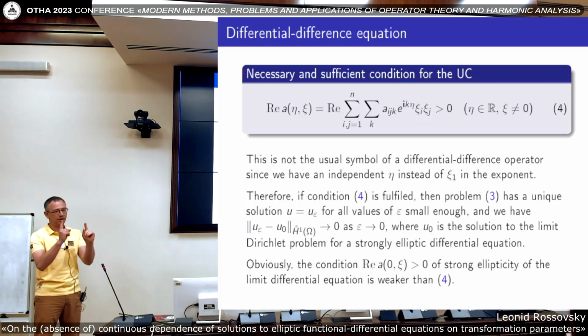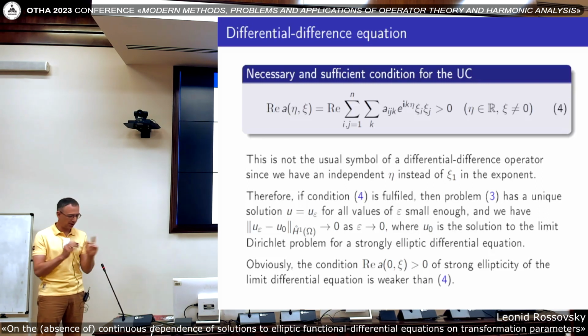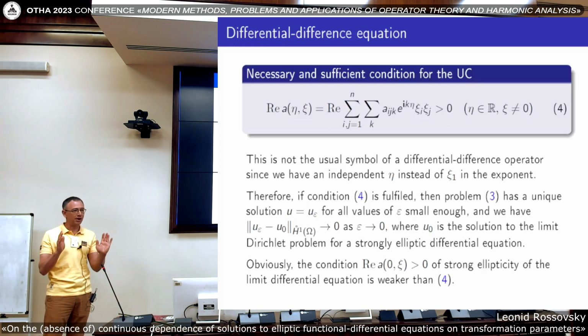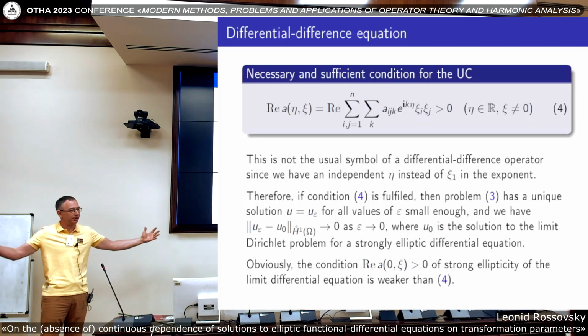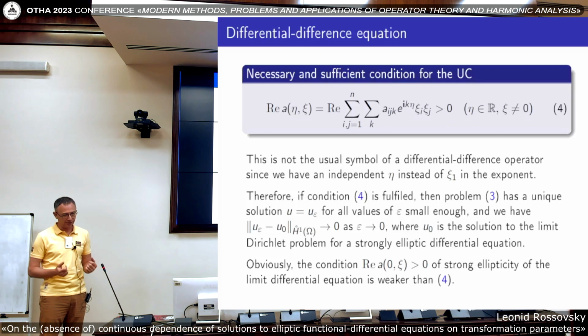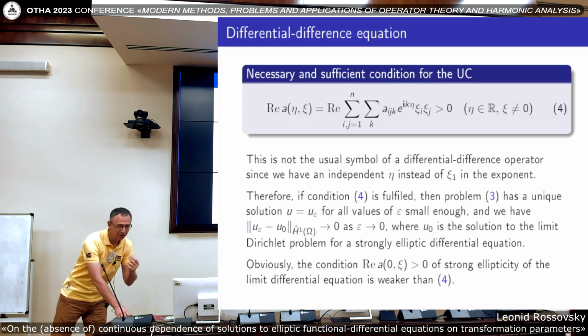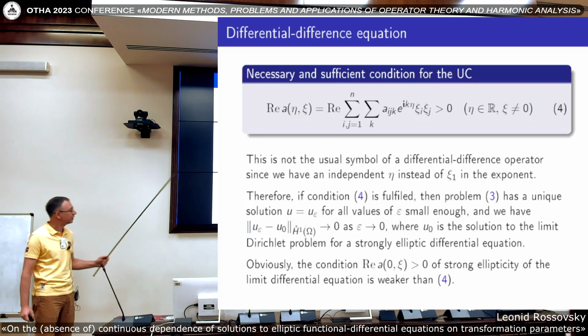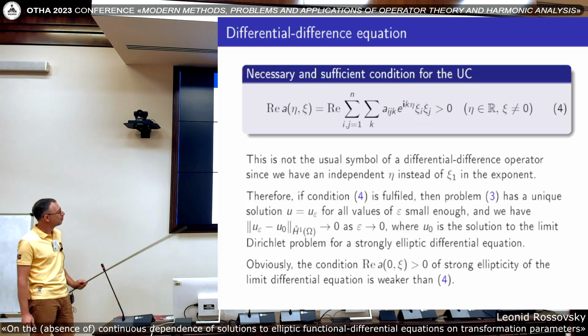For a fixed interval in the x1 direction, when we let epsilon be very small, when epsilon goes to 0, it has the same effect as if we fix our epsilon but expand our domain, expand our cylinder. So in the limit, we have an infinite cylinder with a difference operator containing fixed shifts, something like that.